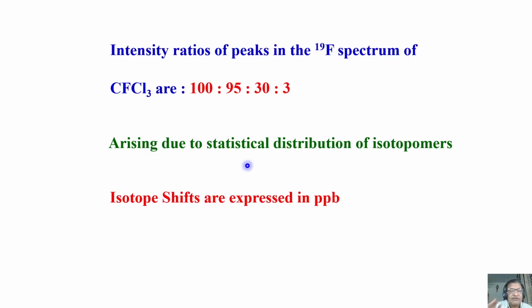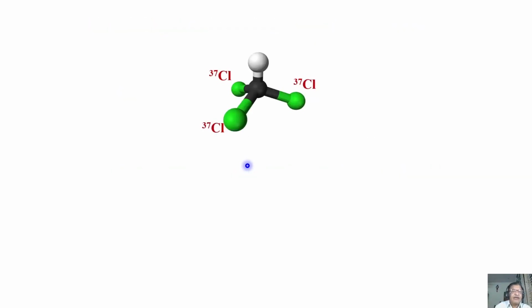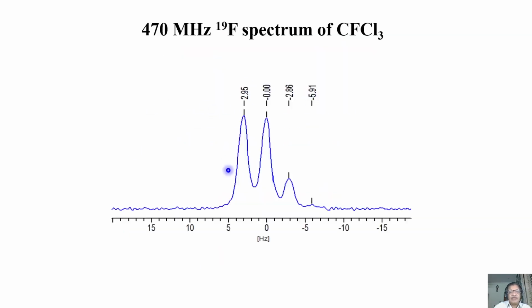Generally, isotopic shifts are expressed in parts per billion. Now we will go back to the original spectrum which I showed you. This is the CFCl3 spectrum, and we worked out the intensity. This is 100%, and this has to be the peak coming when all the chlorines are 35. Only one possibility. When two chlorines are 35 and one chlorine is 37, there are 3 such possibilities.